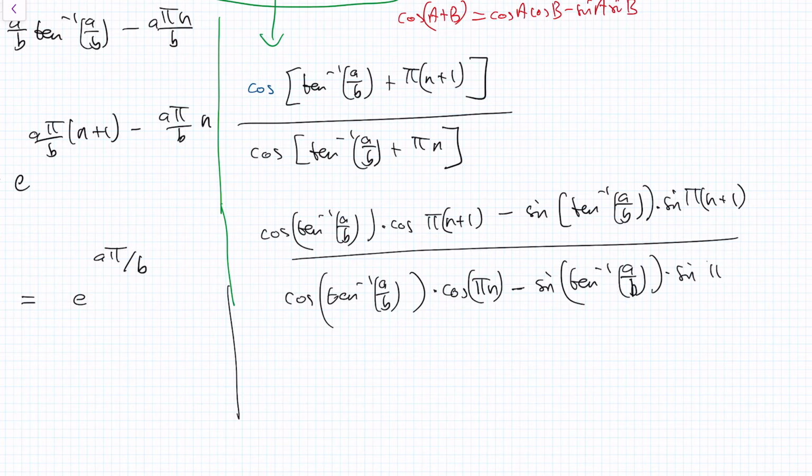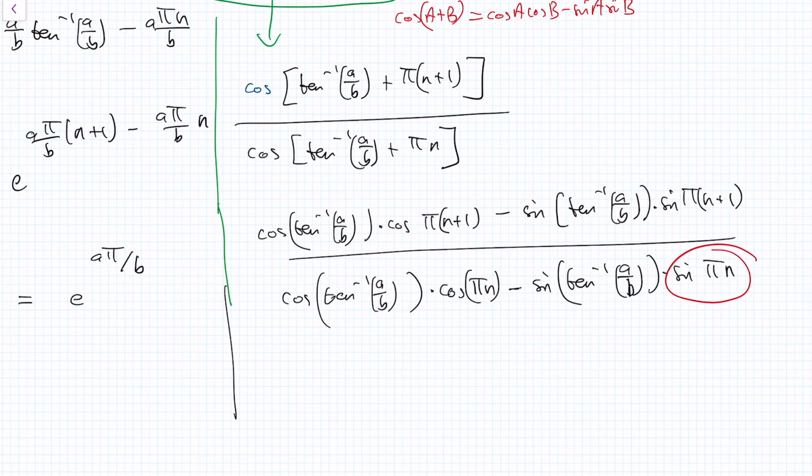Now let's think about sine. We're looking at sine 0, sine pi, sine 2 pi, and so on. Whatever the n is, since n is an integer, this will always give us 0. And this will also give us 0 as well, because you just get either pi or 2 pi, 3 pi, and so on.